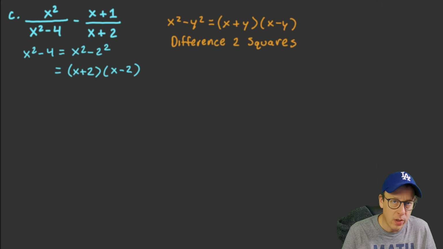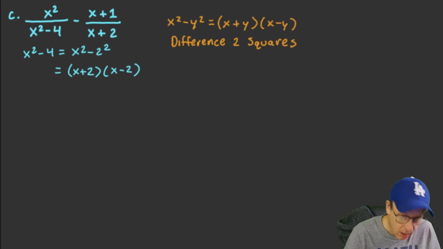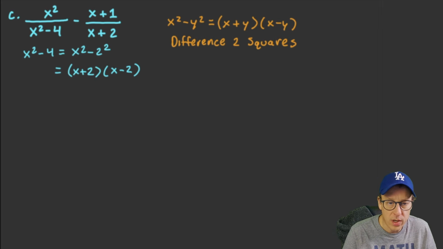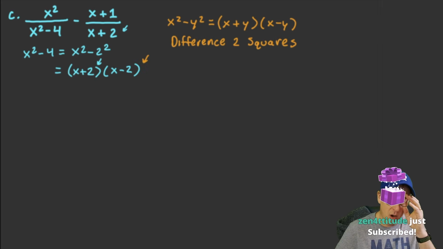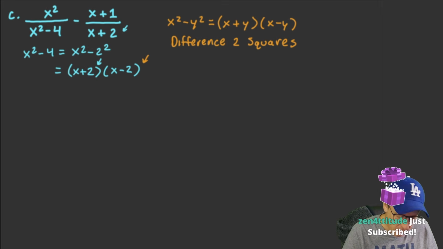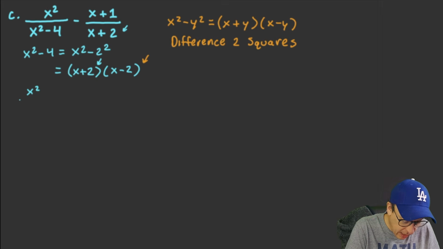Then we're going to use FOIL across the top here. So, what was the best way to do this? Well, basically what we need to do is, since we have x plus 2 here and x plus 2 here, we know that we need to multiply x minus 2 to get a common denominator. So we'll have x squared. I'm just going to write it out again.